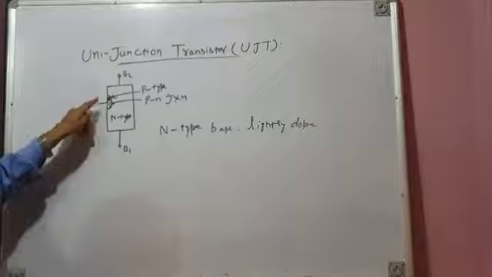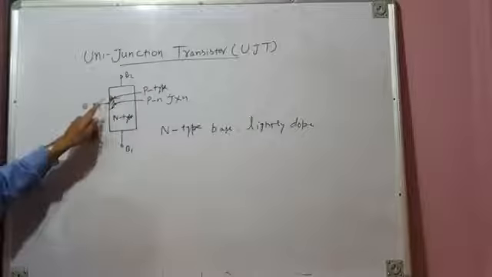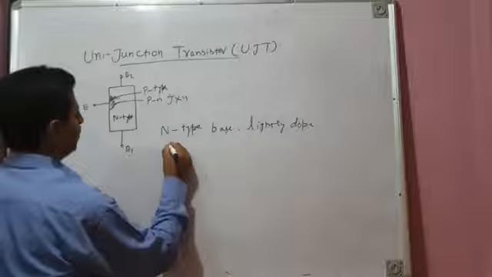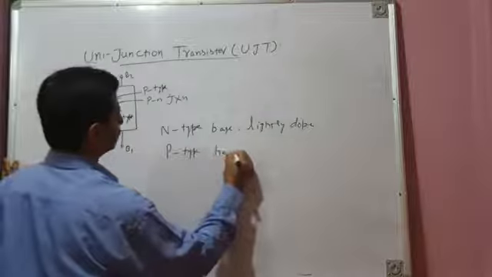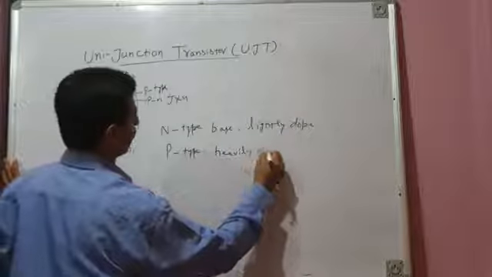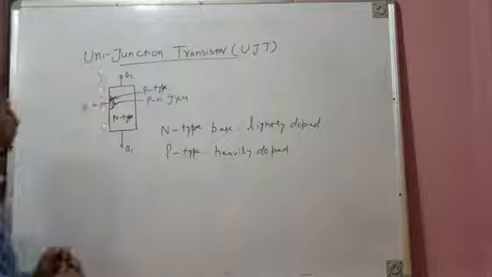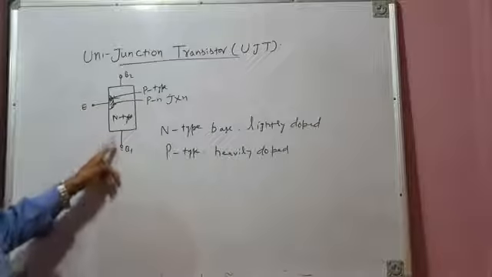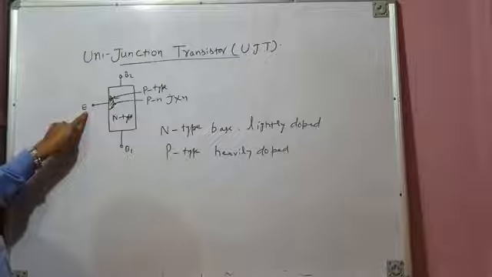On this N-type base, a P-type material is diffused somewhere here, and this P-type material is heavily doped. So it has three terminals: base B1, base B2, and this is called the emitter E.